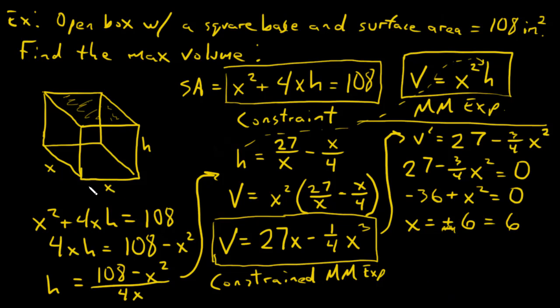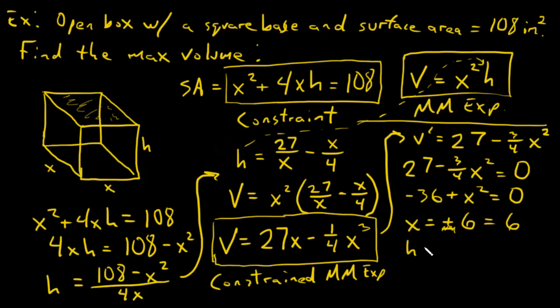So now I know what my x is. How do I find what h is? Well, h is this expression. I could do this one or this one. Either's fine. I think I'm going to do this one. That's going to be a lot nicer, I think. So actually, you know what? It's not going to matter. We'll do it anyways.